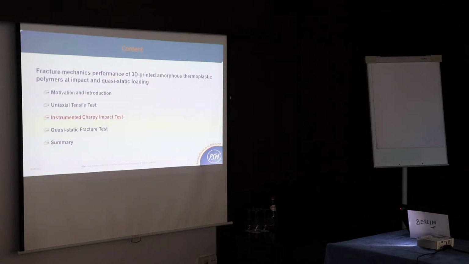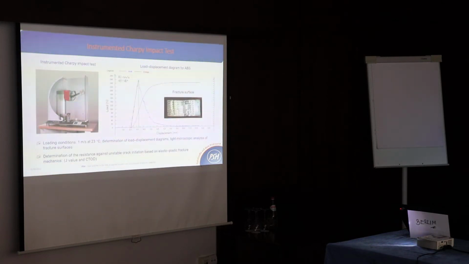If you use it in the impact test, maybe for the ABS shown here, with a speed of 1 meter per second at room temperature, we find such a diagram. In other cases using ABS it's the same for injection molded, the same for the manufactured here, and also for the compression molded samples. You have always the same behavior.